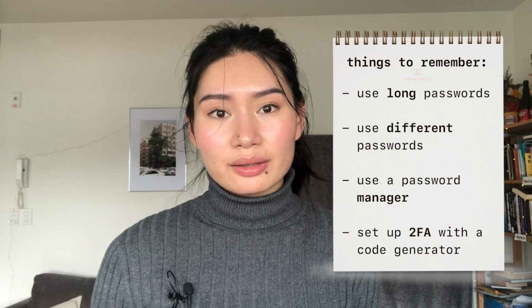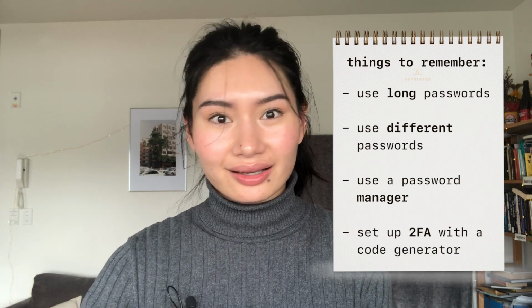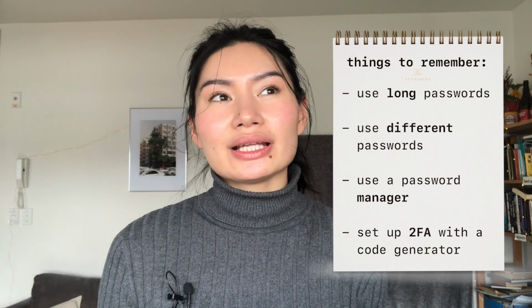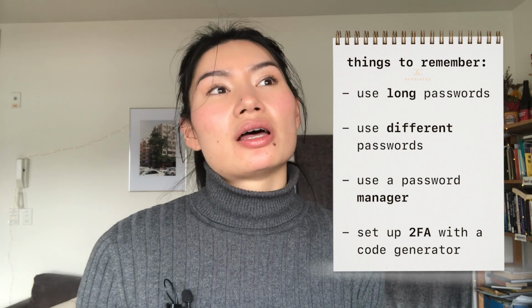Step 5, how to not get hijacked ever again. That was cheesy. We've basically gone through all the stuff you need to do. The most important things to remember are to use different passwords for all of your accounts. Use the password manager if you can. Set up 2FA on everything that allows you to set up 2FA. Be really careful with weird emails.